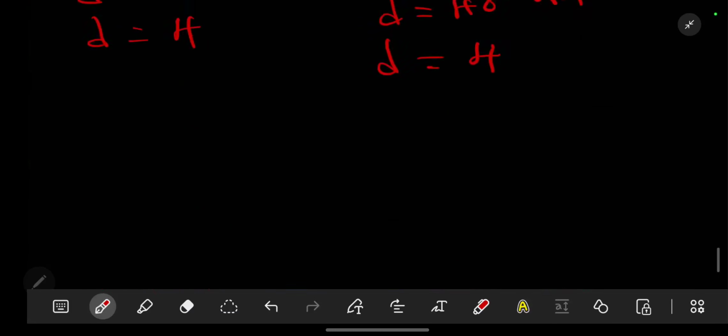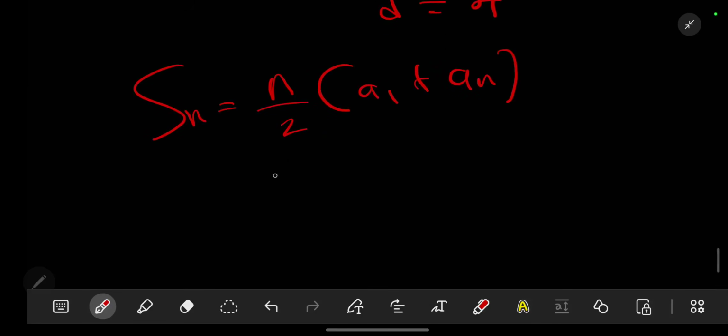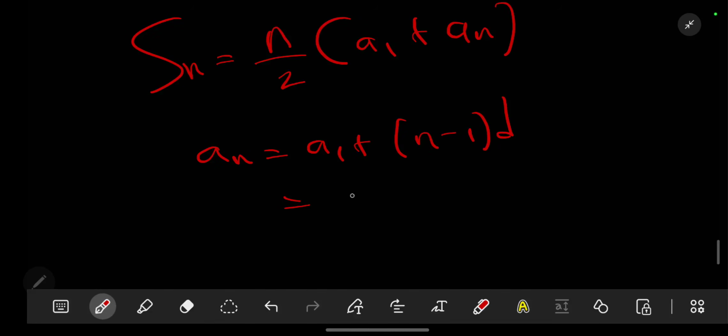Knowing that, we can now find our sum, which should be equal to n over 2 times (a1 plus an). So our value an should be equal to a1 plus (n minus 1) d. What is our a1? We have found a1 to be equal to 40, plus the number of terms.